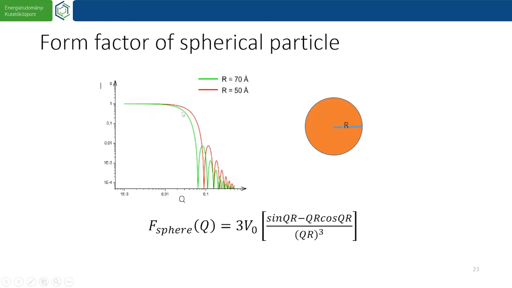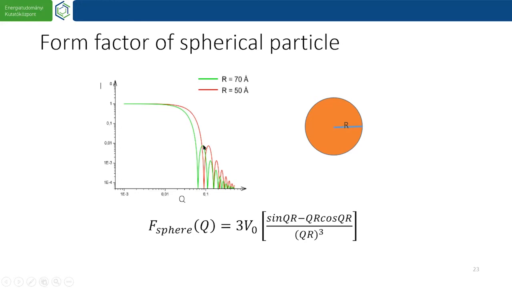So here in the plot, this formula is depicted for two different sizes of particles. And what we can observe is that if the particle is smaller, so it's 50 angstrom in diameter, then the scattering pattern has oscillations. It will always have oscillations because of these trigonometric functions.